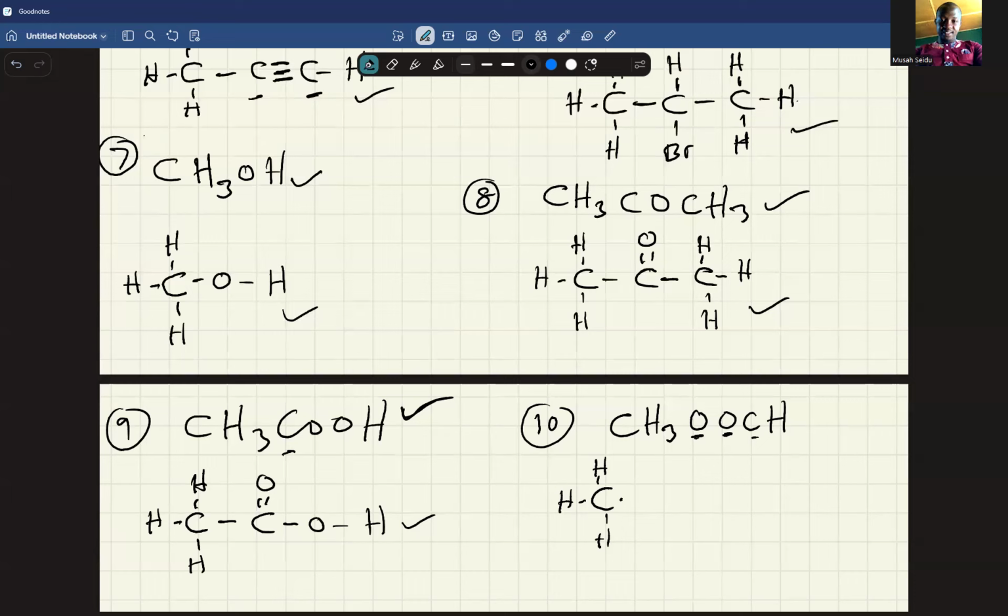But the O which is next to the H, next to the C with the H, like this, is the single bond. So here we shall have single bond, and it will also be bonded to this side, which is the C. And now this shall have the double bond. And then this is also bonded to this H.